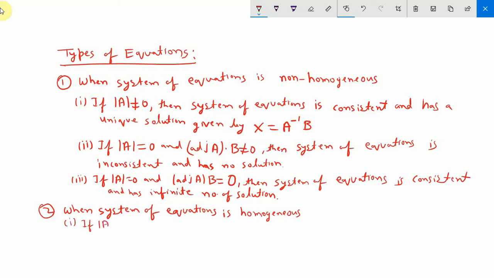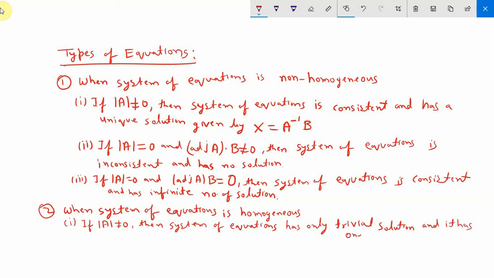If determinant of A is not equal to 0, then system of equations has only trivial solution, and it has one solution.